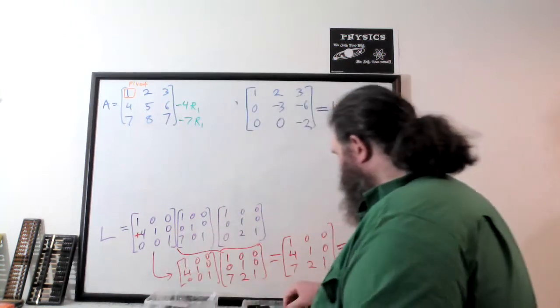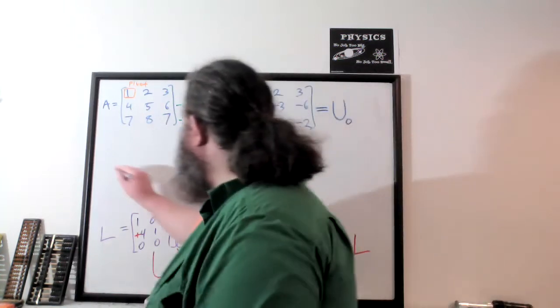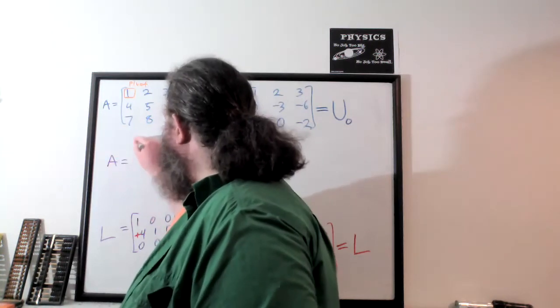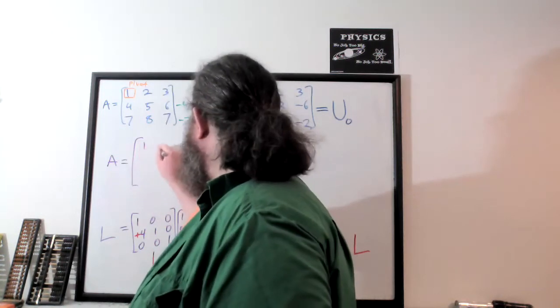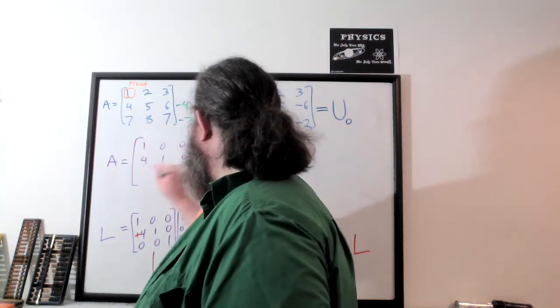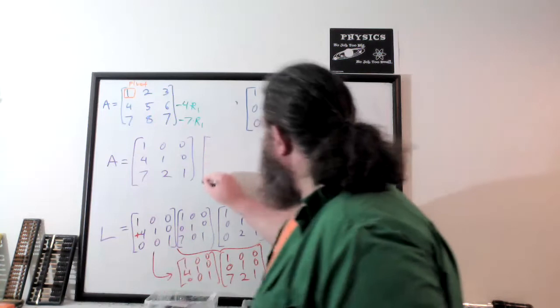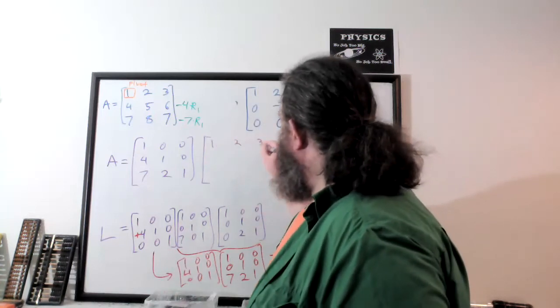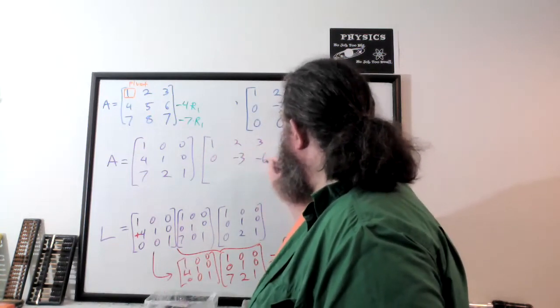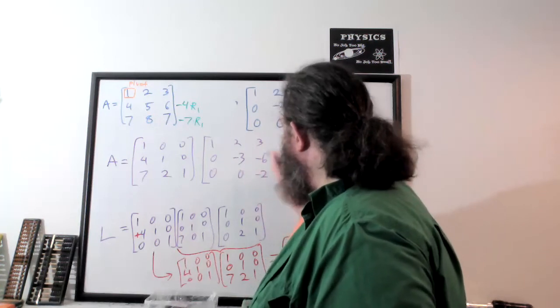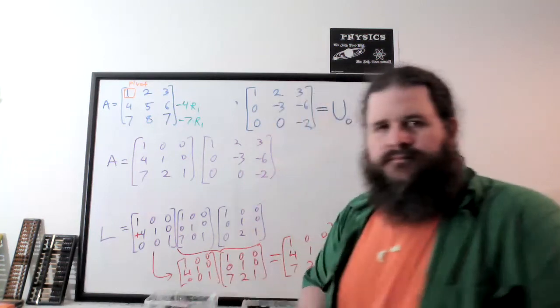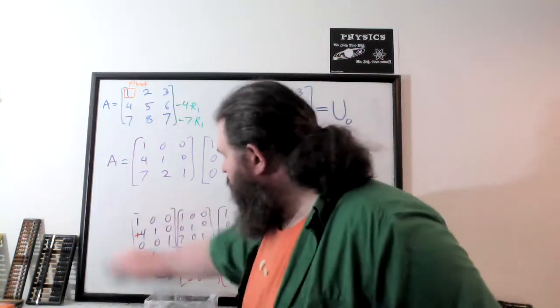We know that A is equal to L times U. So those are what we have so far.